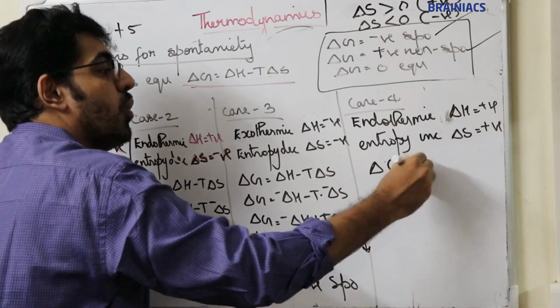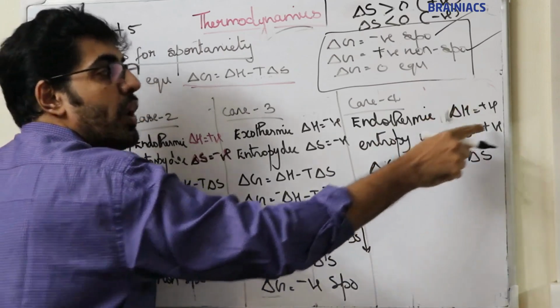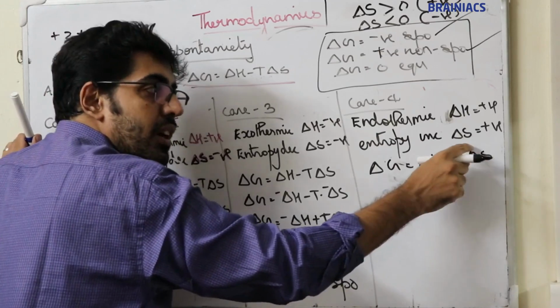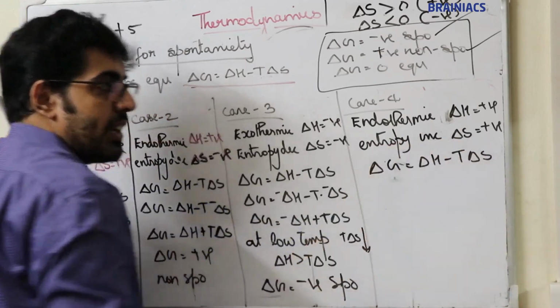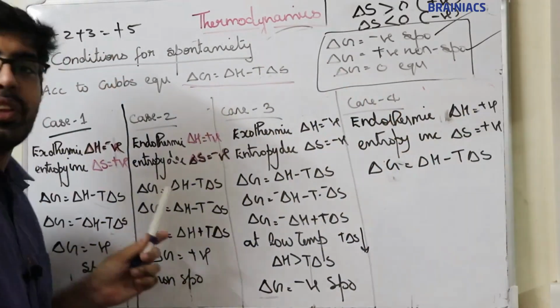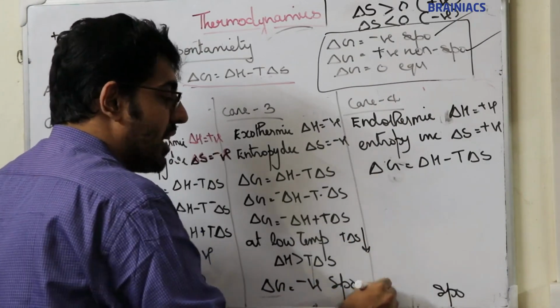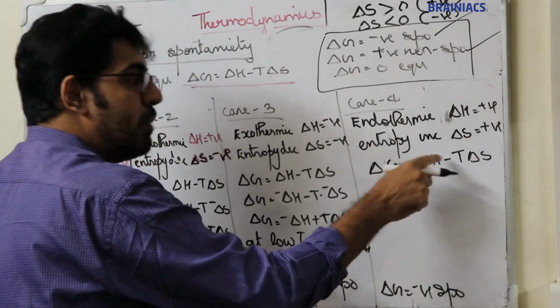So delta G is equal to delta H minus T delta S. Here delta H is positive and T delta S also positive, right? Delta S positive and delta H positive. Both are positive. Now here the reaction will be spontaneous if delta G value is negative.